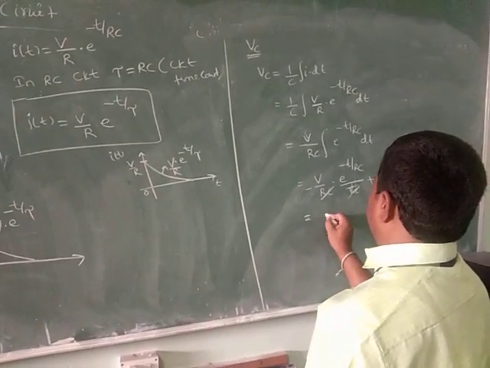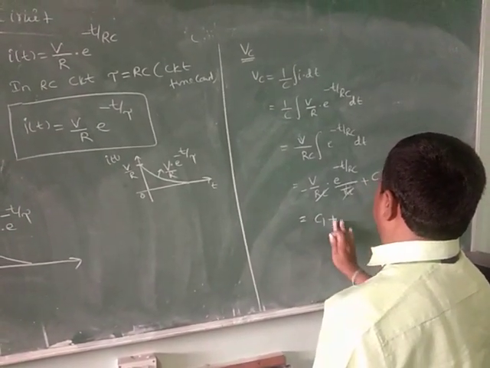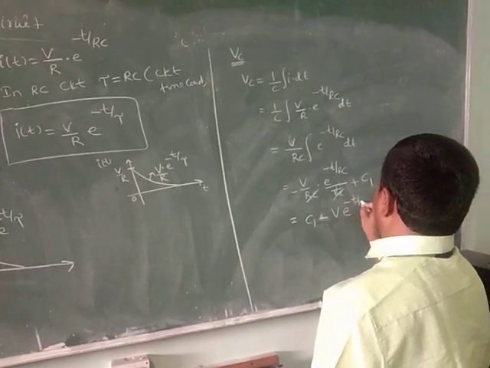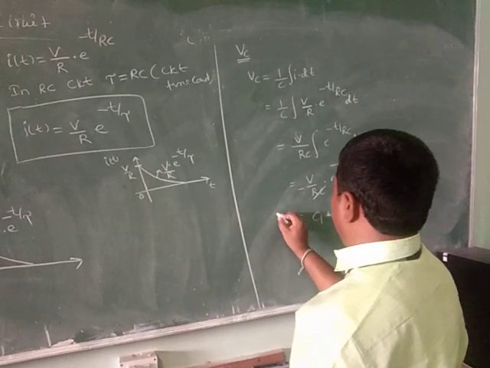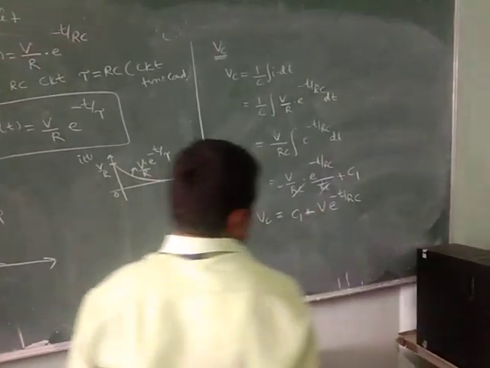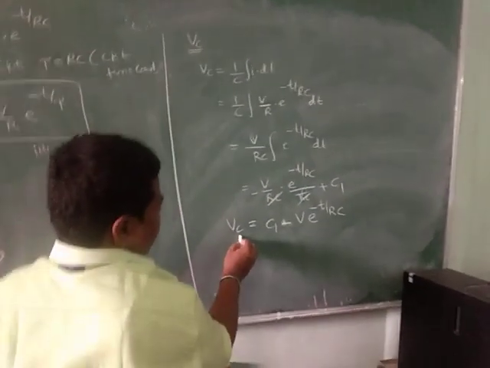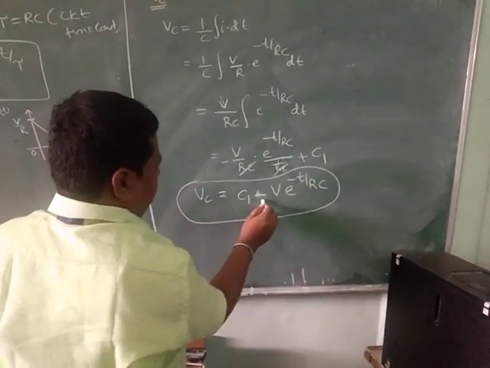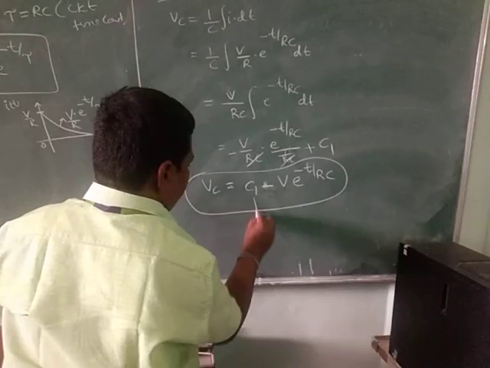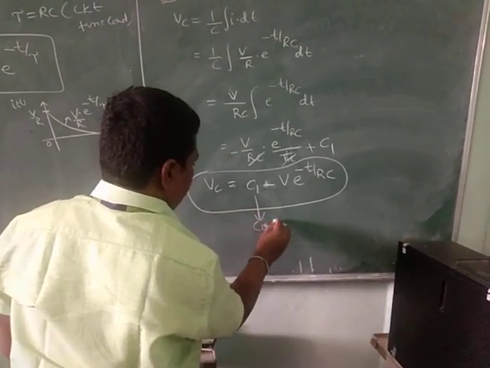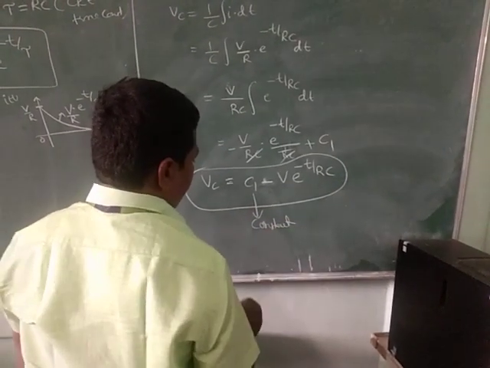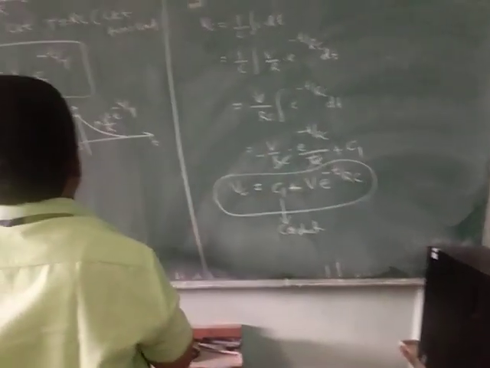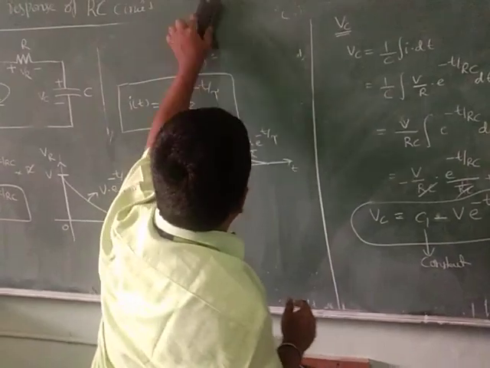So now it is C1 minus V into e power minus t by RC. Voltage across capacitor is equal to C1 minus V into e power minus t by RC, where C1 is a constant. C1 can be found by using initial conditions.